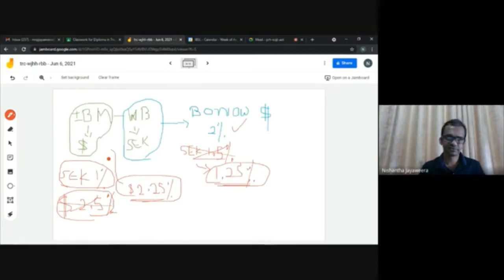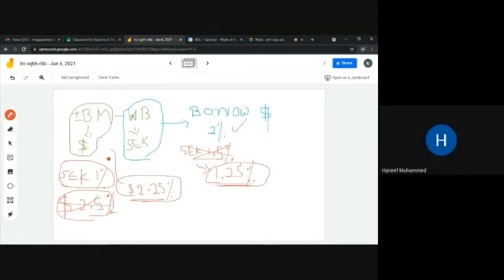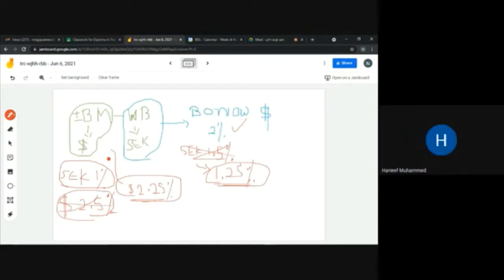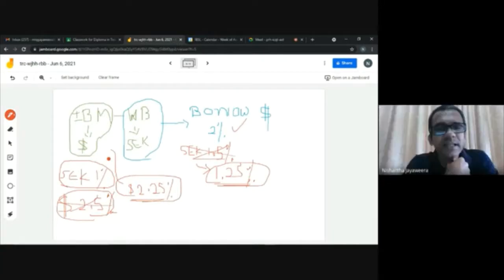Is it clear? Chandra asks: in this example, IBM borrows Swedish krona at 1% locally. Yes, locally. Afterwards, they convert whatever borrowed capital into dollars and pay World Bank. That can be.